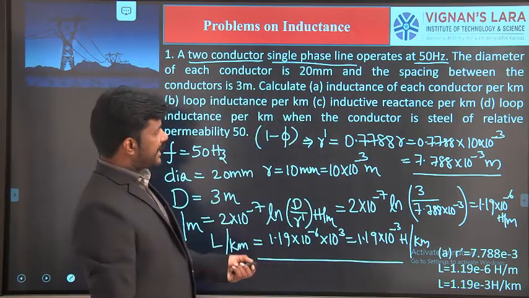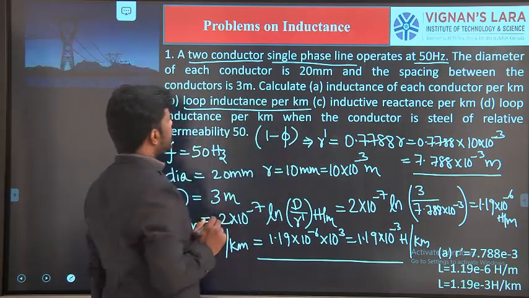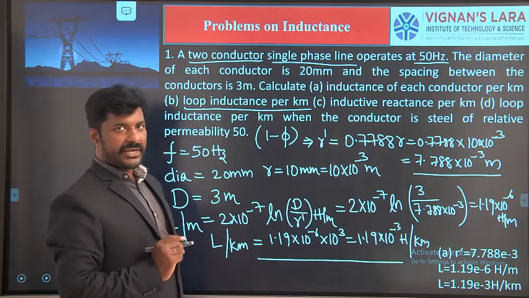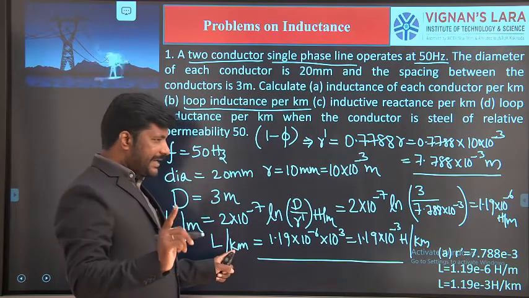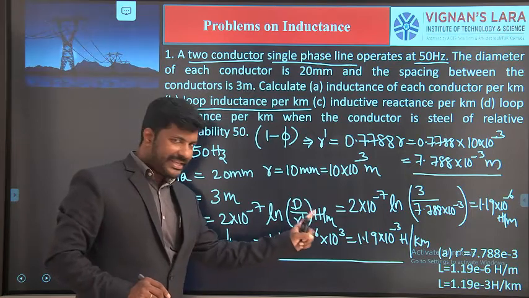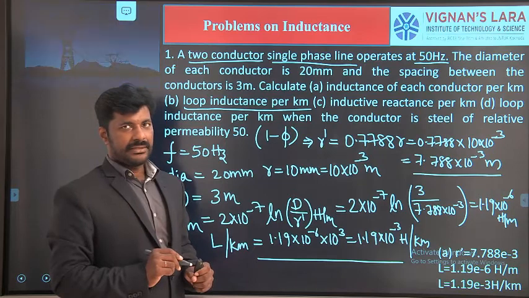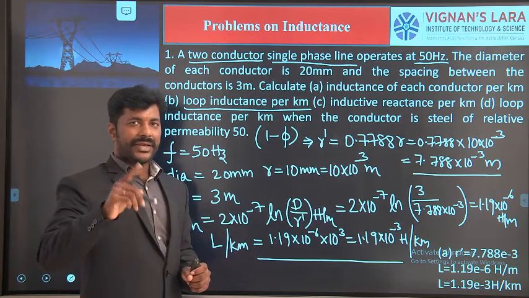Coming to the second bit and third bit. What is the second bit? They are asking us to calculate the loop inductance per kilometer. We have the single inductance for 1 kilometer length, 1.19 into 10 power minus 3, that is millihenries. Loop inductance is nothing but twice this value.